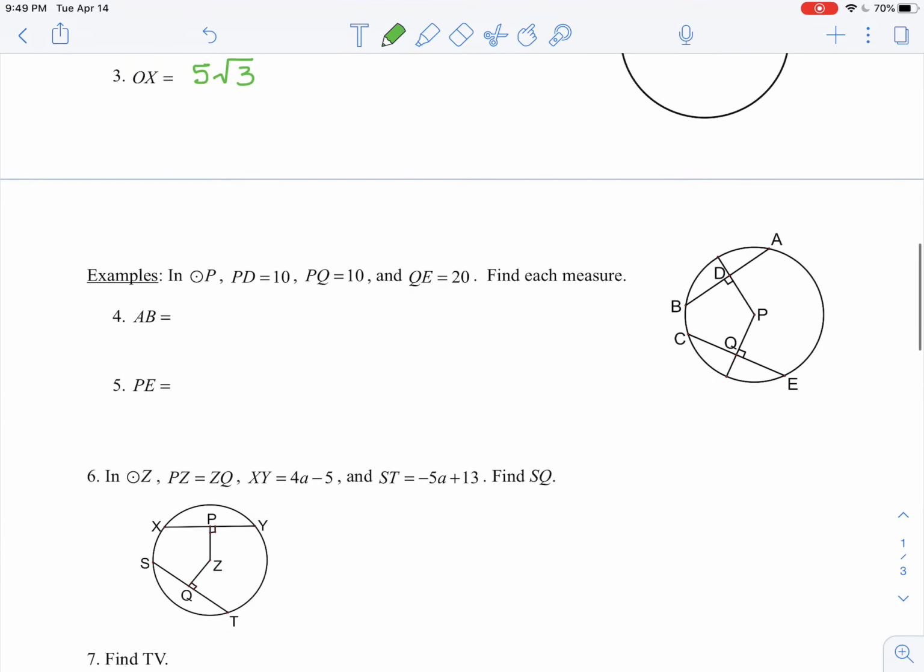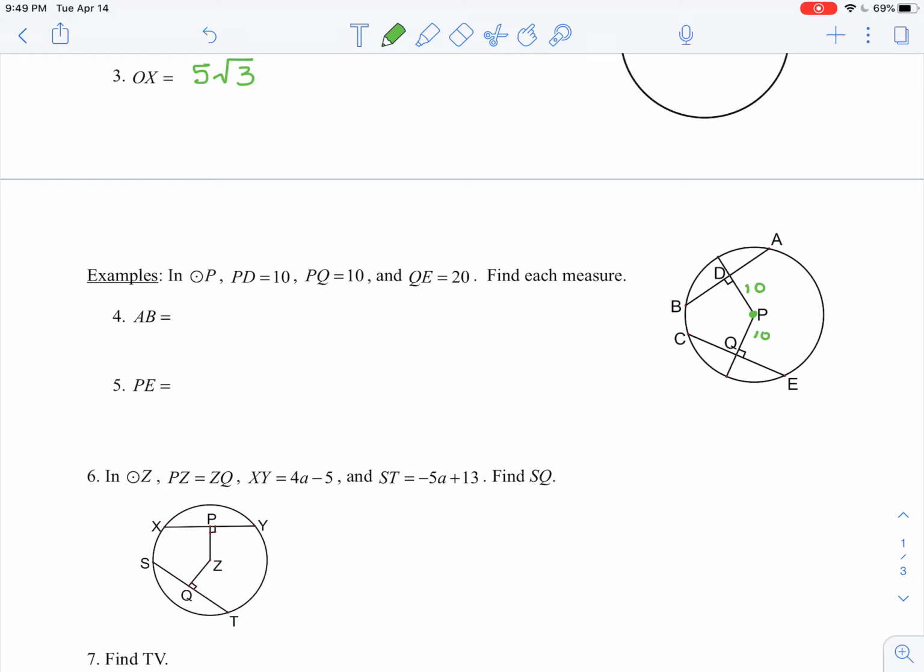In questions 4 and 5, it says in circle P, the length of PD is 10 units. PQ is also 10 units. So from that information, I have two chords that are equidistant to the center of the circle. So right away, I know those two chords, AB and CE, are congruent.